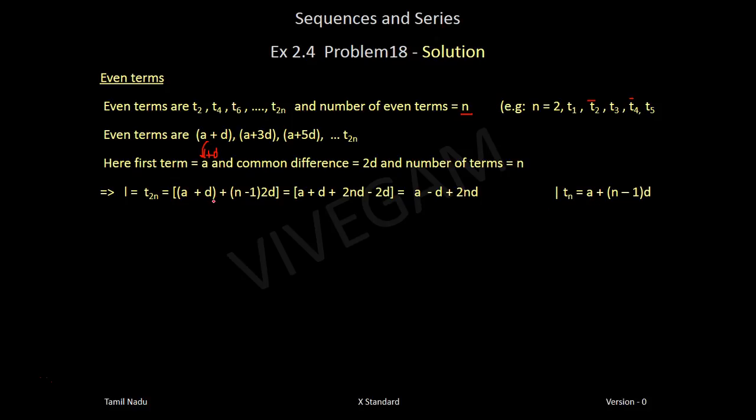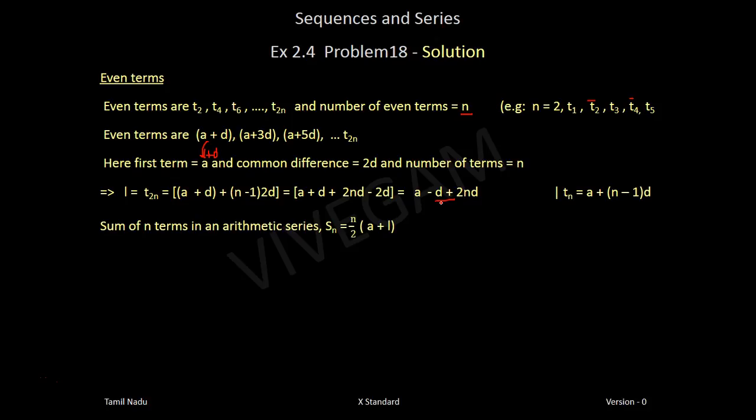That is a plus d plus n minus 1 into the common difference, which is 2d. Now you simplify this. So this will be a plus d plus 2nd minus 2d. So this and this will get cancelled. So you'll get a minus d plus 2nd. So this is our last term. So we have the first term as a plus d and the last term as a minus d plus 2nd.